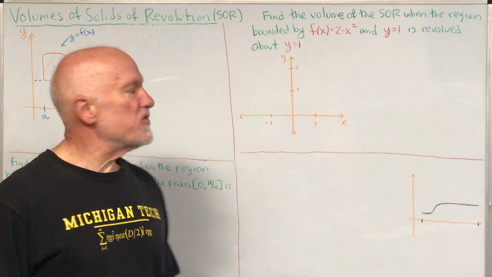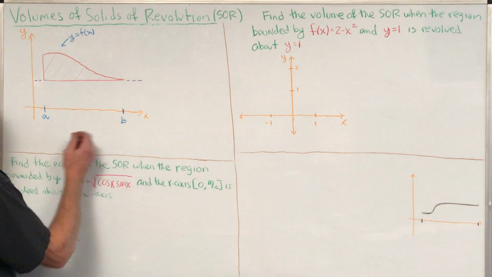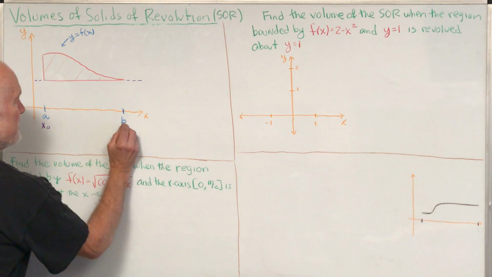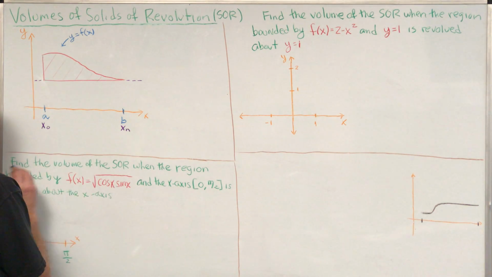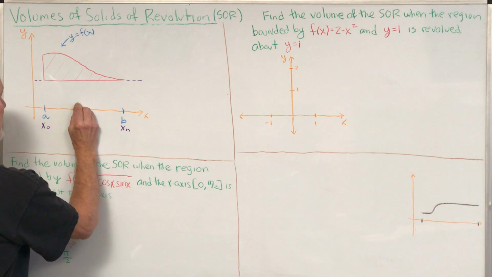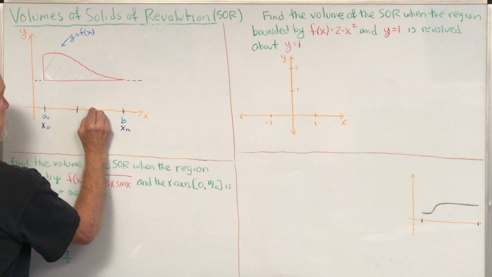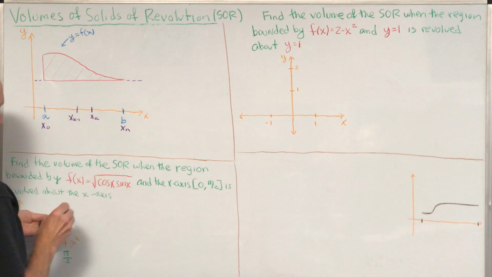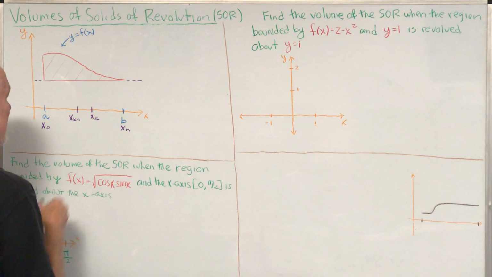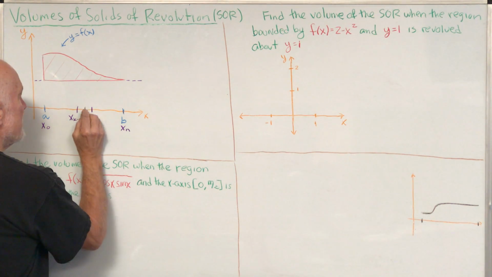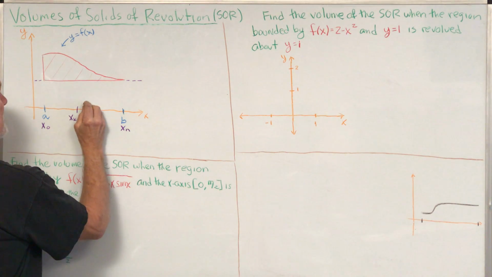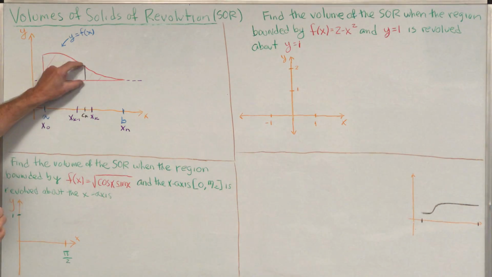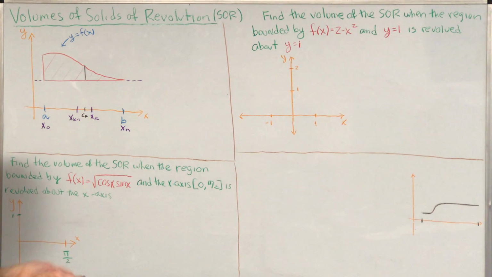And the method we used was to divide from A to B up into n sections, and we took a section that was the kth section from x sub k minus 1 to x sub k, and we picked somewhere in there, and it could be any place, we picked the c sub k, a value of x, to get the height of a rectangle, because we know how to find the area of a rectangle.